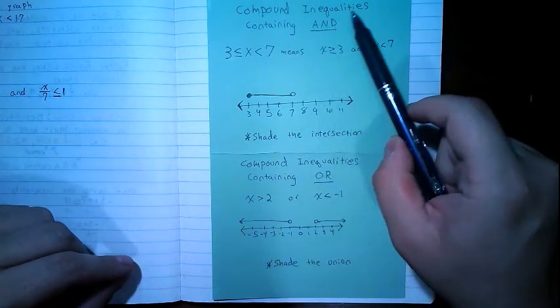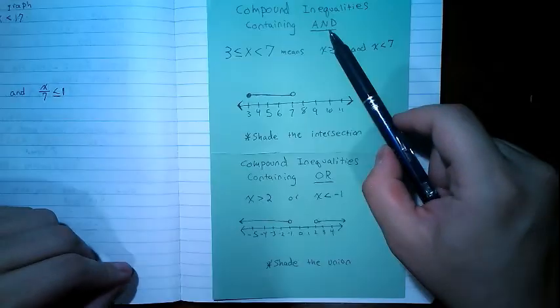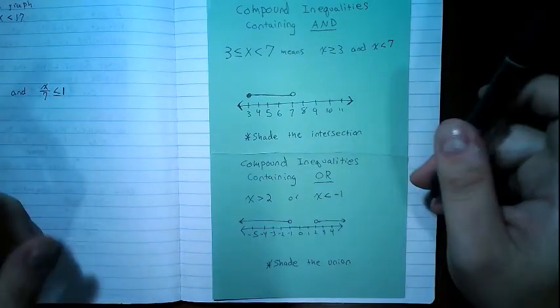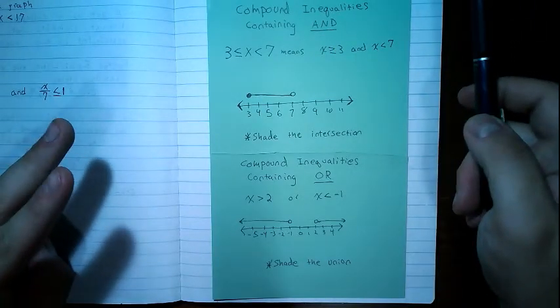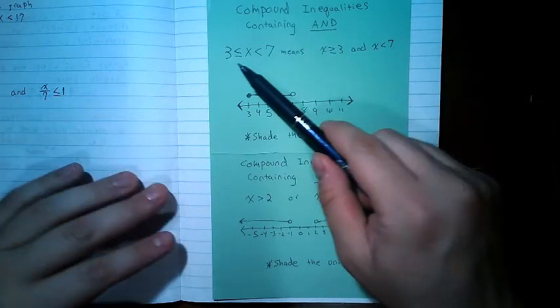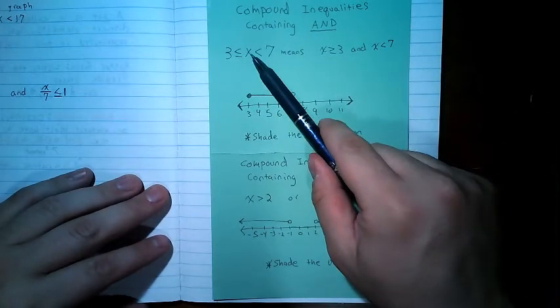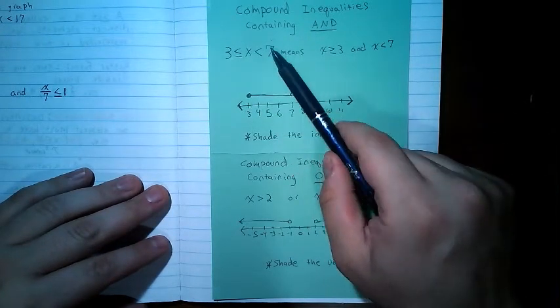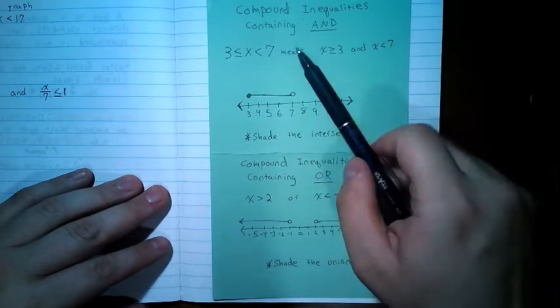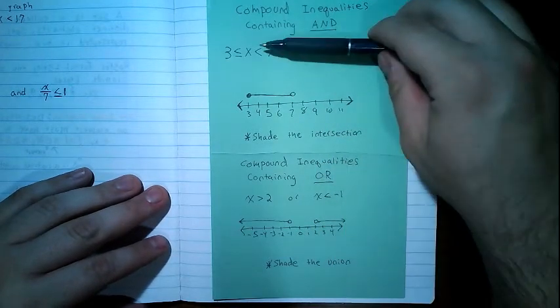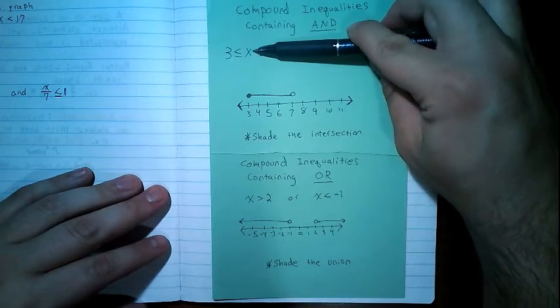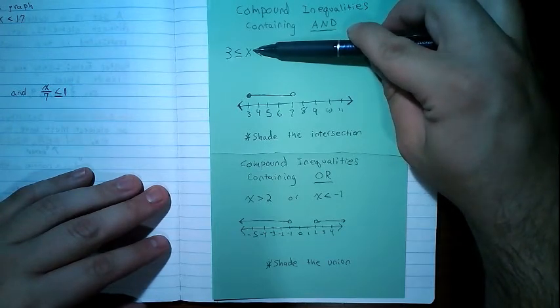For compound inequalities containing and, that's when x is restricted two different ways. So for this one here, x has to be in between 3 and 7. So if we kind of cover one of them up, this reads as x has to be greater than or equal to 3.